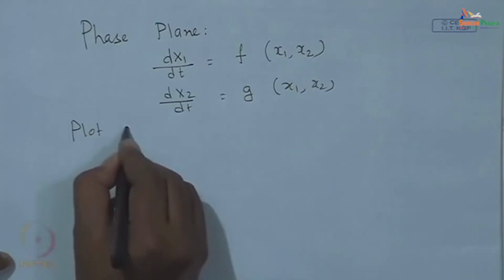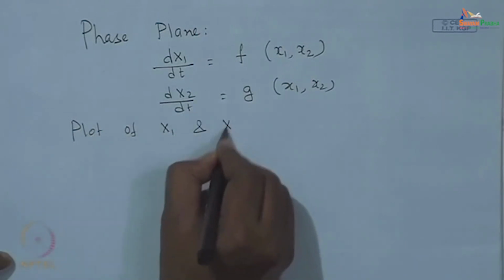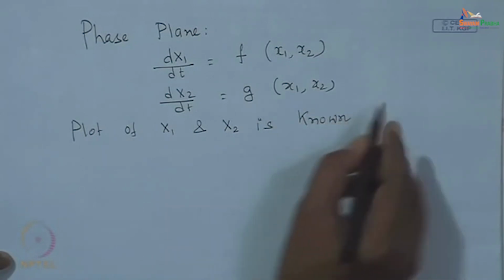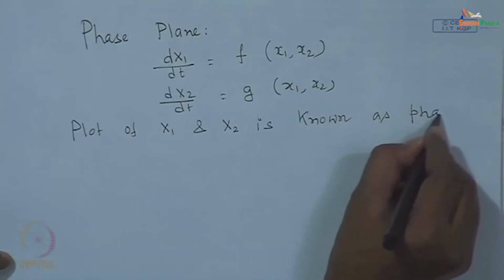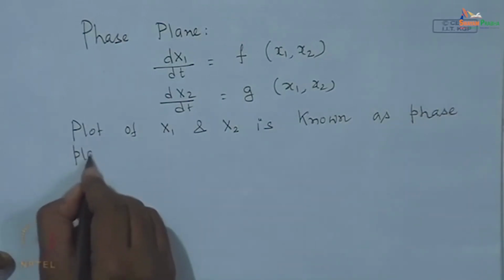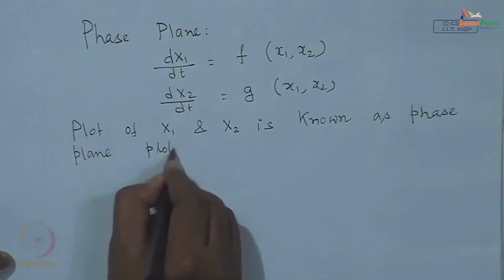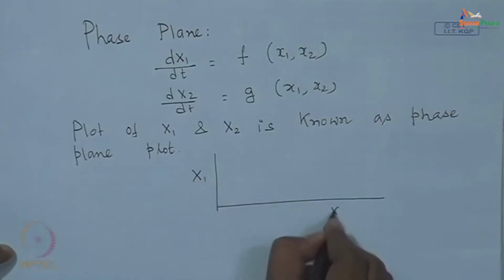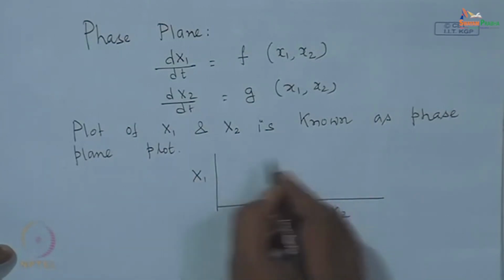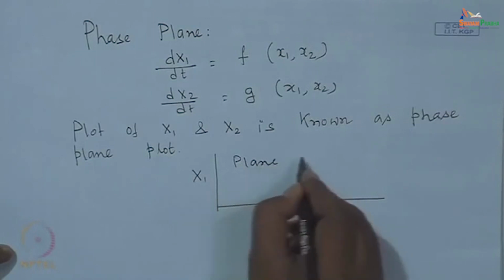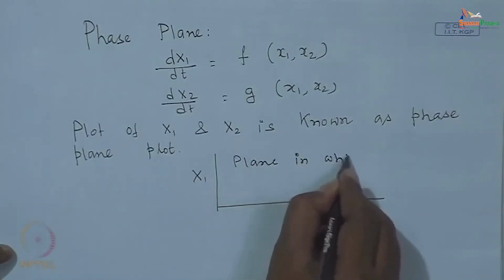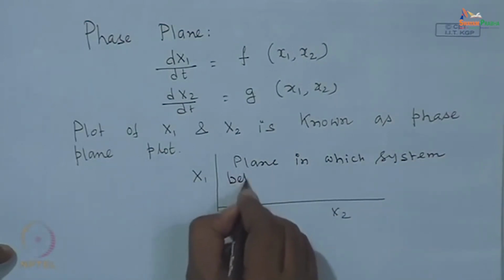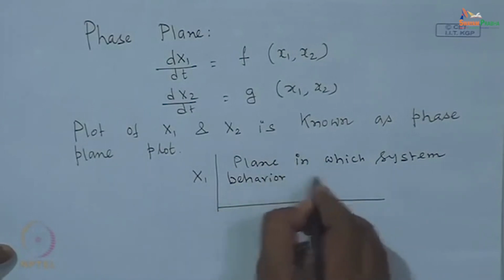A plot of x1 and x2 is known as a phase plane plot. So, if we plot x1 as a function of x2, it gives a plane in which the system behavior evolves dynamically.